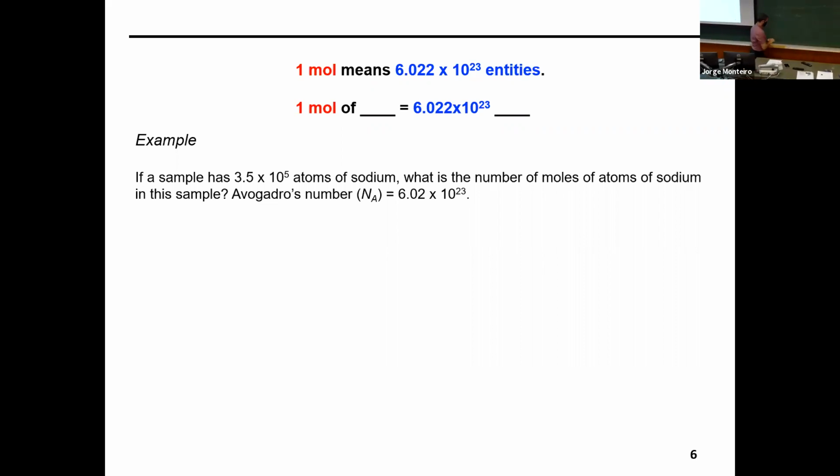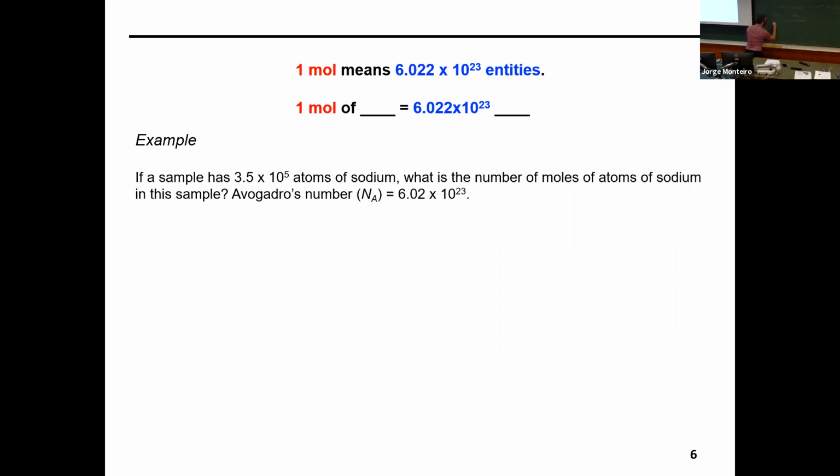Okay? So same thing, first column of the proportion, we are going to input all the information in mole, and the second column, all the information in atoms. First line is exactly the conversion factor. Okay. 1 mole is equivalent to 6.02 times 10 to the 23rd atoms.